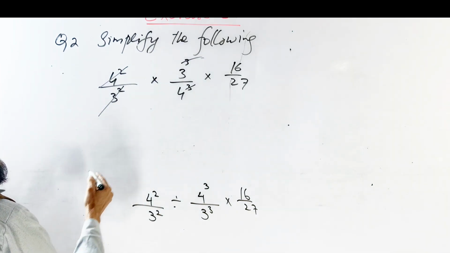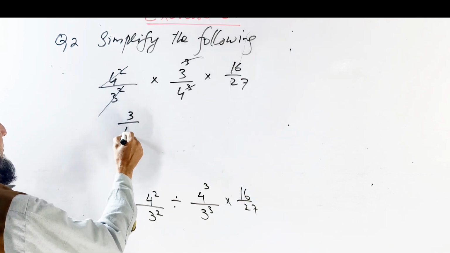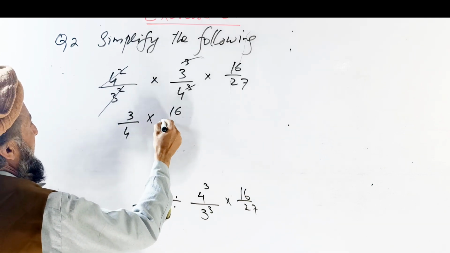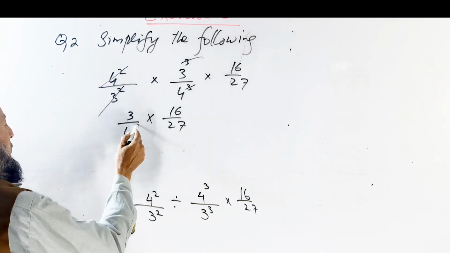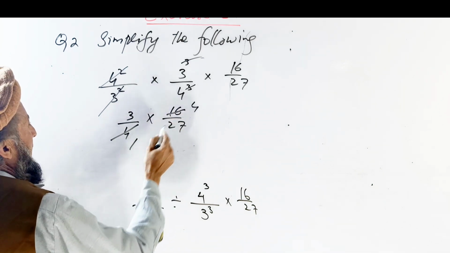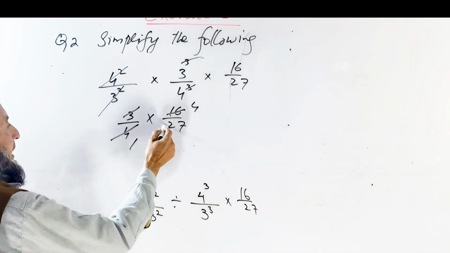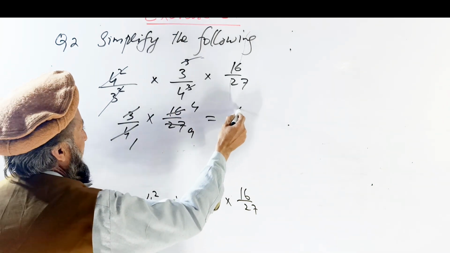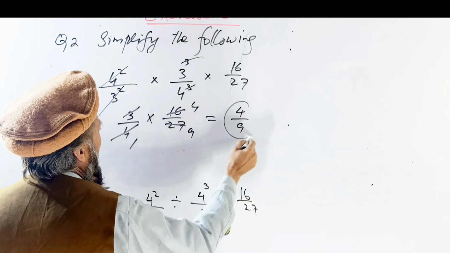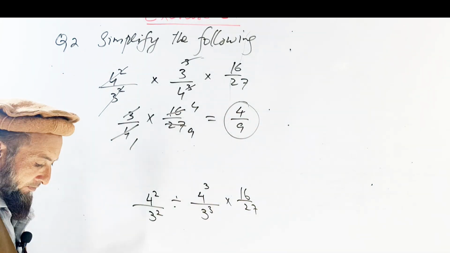We get 3 divided by 4 and 16 divided by 27. So 4 and 16 cancel, 3 and 27 cancel, and we get 4 divided by 9.